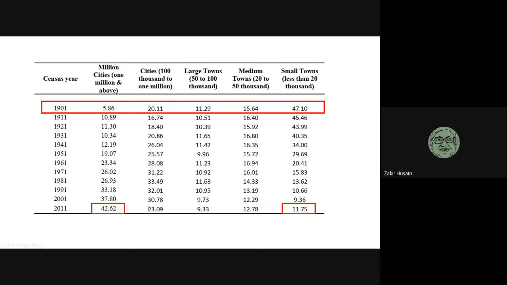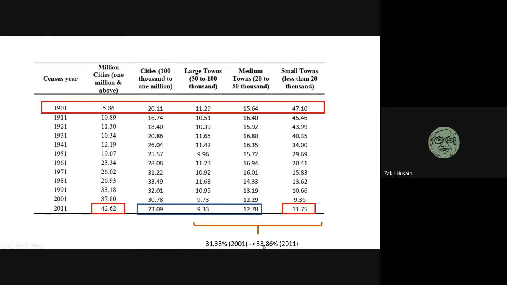What is interesting is this. There has been a tremendous growth in the population of metro cities, but the growth has occurred over the decades. But if you look at the last census, you will see that the last 3 categories, large towns, medium towns, small towns, in 2001, 31% of the urban population lived in these 3 towns.